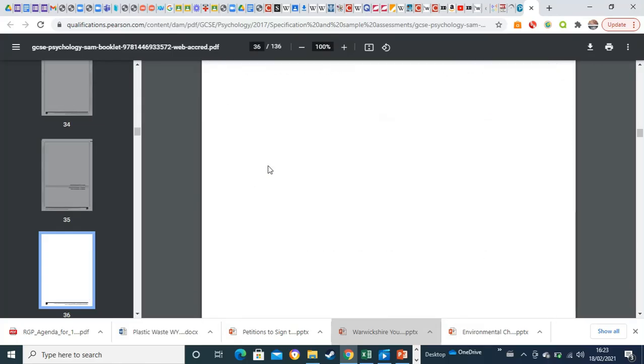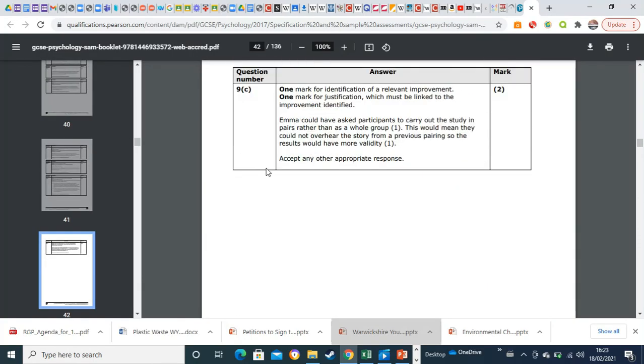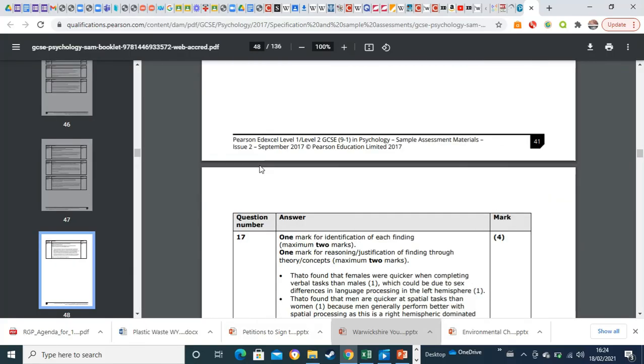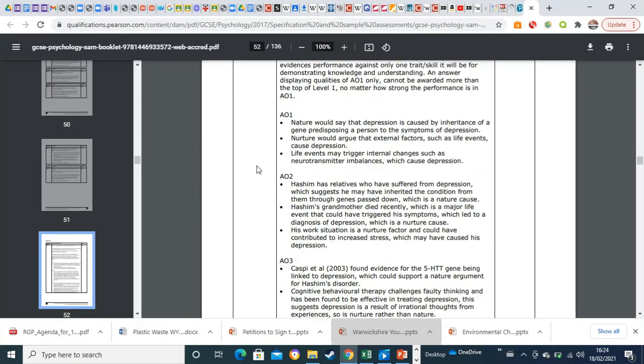Let's have a look at the little mark scheme and see what they think.